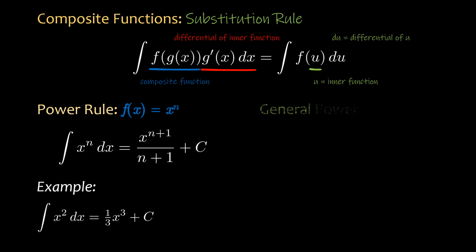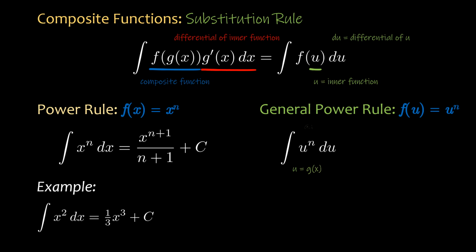Meanwhile, the general power rule for a function raised to n multiplied by the differential of that function is equal to that function raised to n plus 1 all over n plus 1, then plus c.